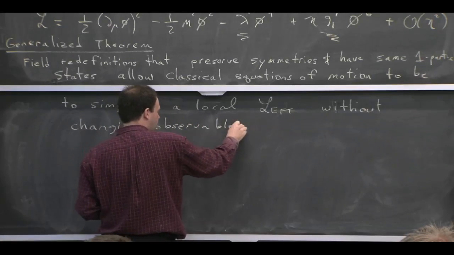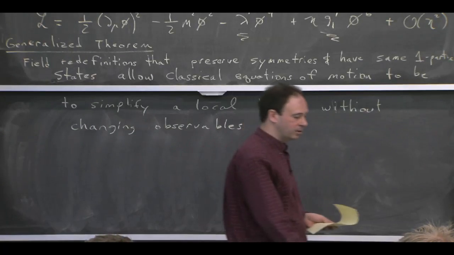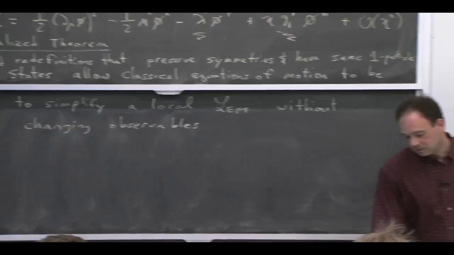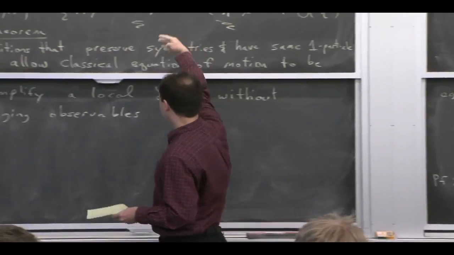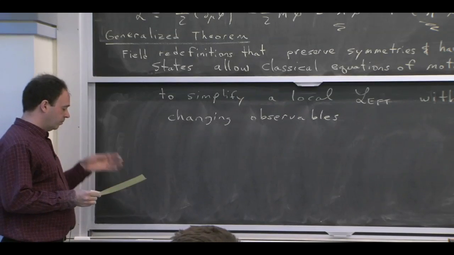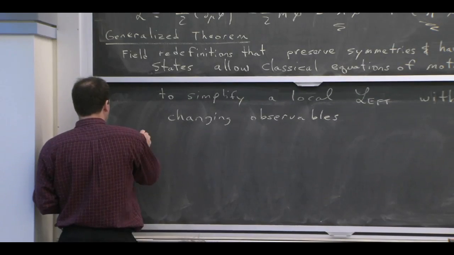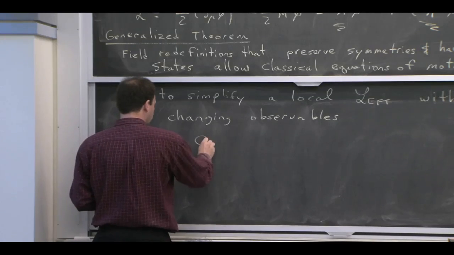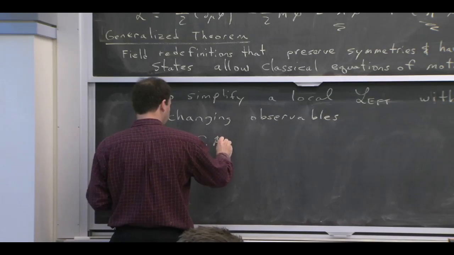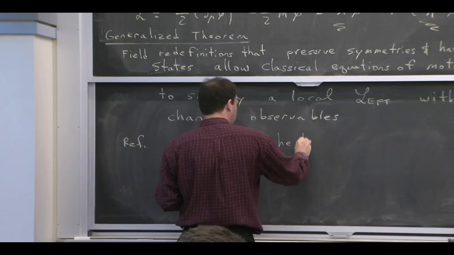And there's no statement in this theorem that we have to stop without considering loops or without considering propagators. This argument holds even beyond the level that we've shown it, with loops and with propagators as well. So there's some references. Again, I've posted the one that is closest to our discussion, which is this paper by Arzt.